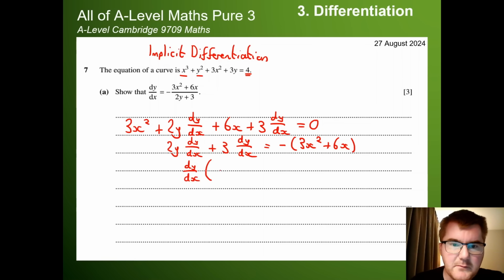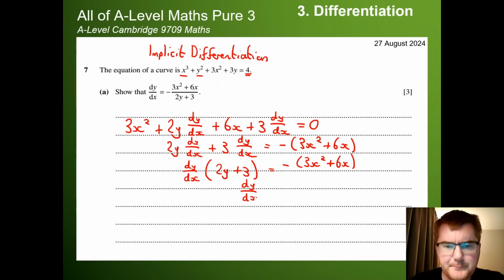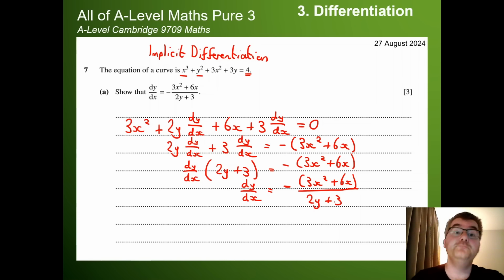And that leaves us then with 2y plus 3 equals minus 3x squared. And we'll try and make it look like what the question has, and then divide through by 2y plus 3. So dy by dx is then equal to minus 3x squared plus 6x all over 2y plus 3, which is one of those lovely show that questions and feels very good for the 3 marks.